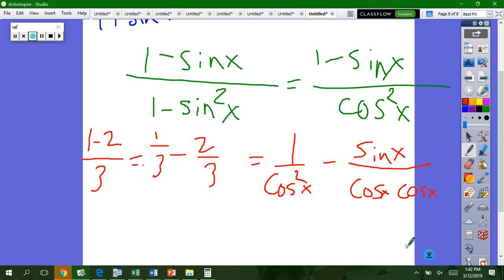And whenever I have a lower degree on top than the bottom, see how I have a cosine squared and a sine. I don't have a sine squared and cosine squared, do I? So therefore, I'm going to split them. And the reason why I'm going to split them is, if you'll notice here, what is this pair? Tangent. What's this pair? Hold on. I need to make sure we have a 1 here for a minute.